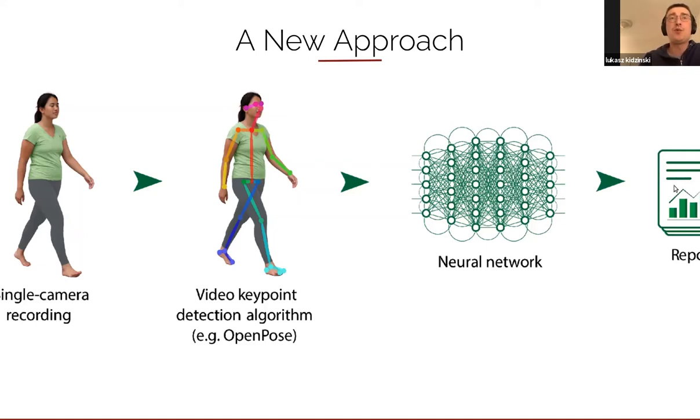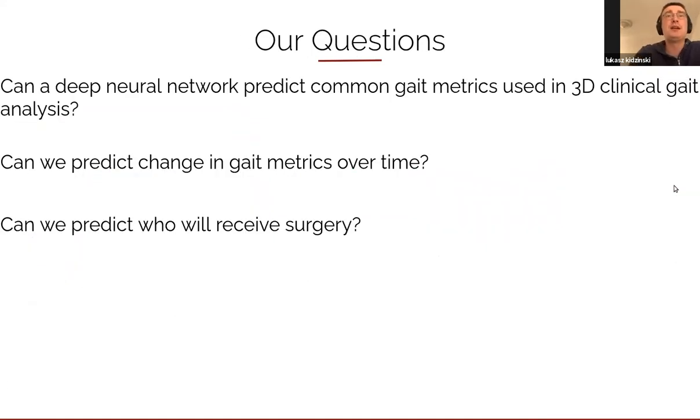So now the question is how well that can perform. Can we actually predict gait metrics using those 2D videos that we have collected with a mobile phone? Can we predict changes over time?